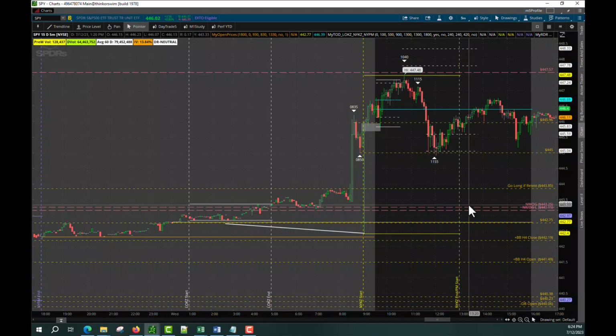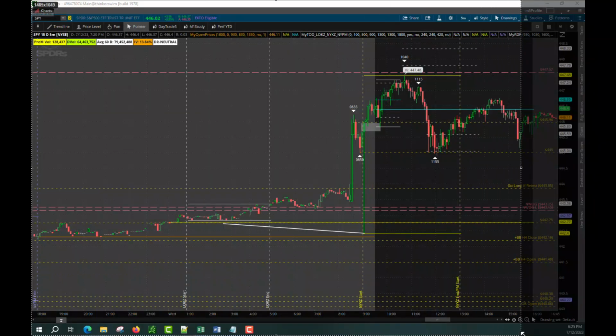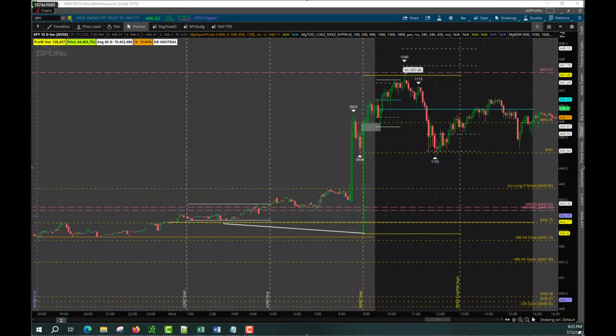So we see, yeah. Okay, so let's annotate this setup. We see that the two models overlap right here. The first is an order block, an ICT concept, right? So what we got?